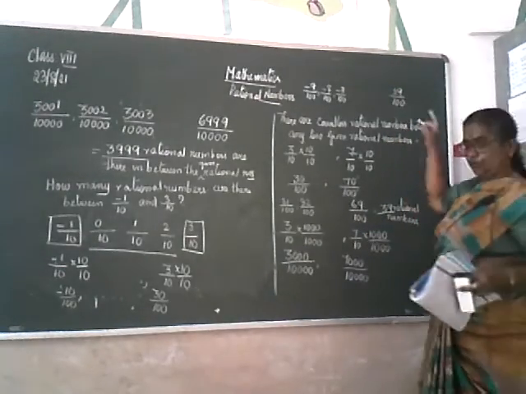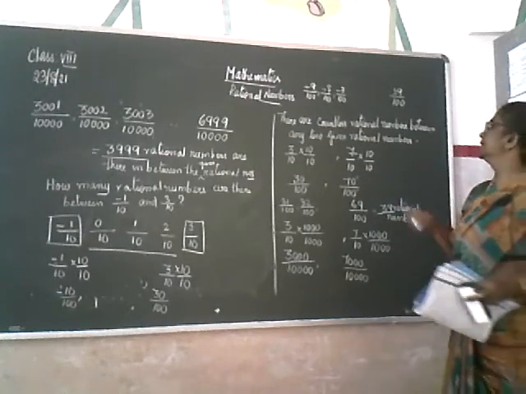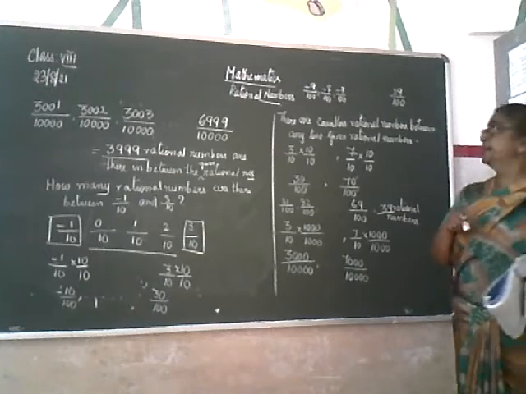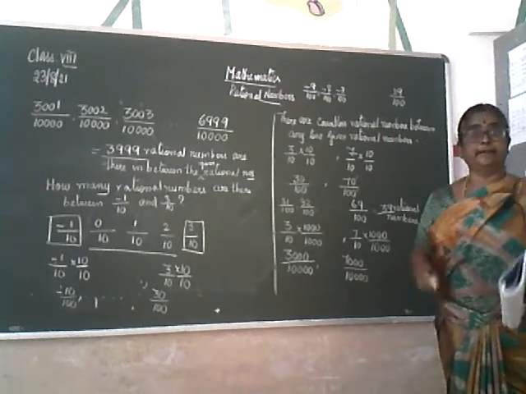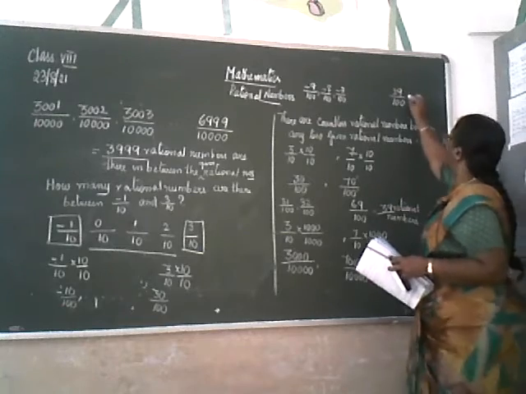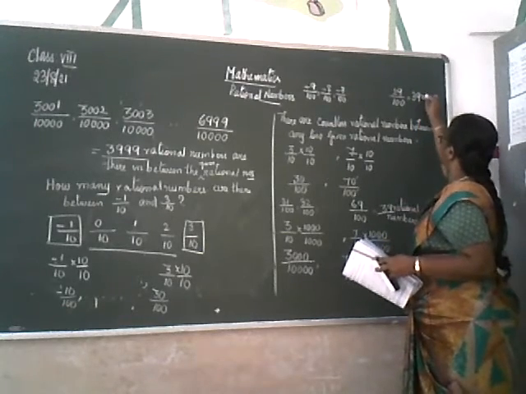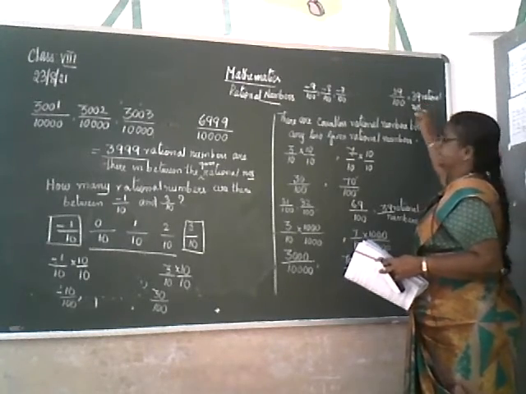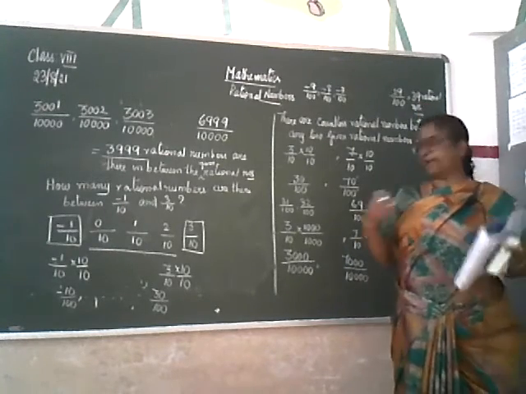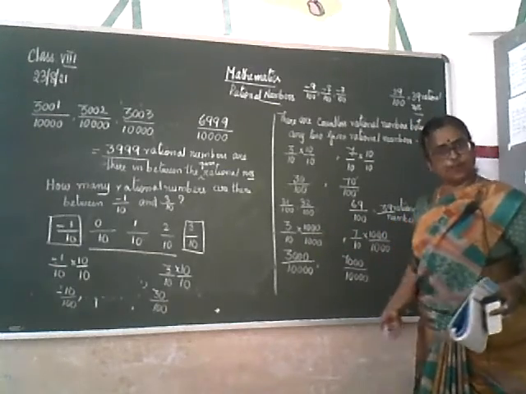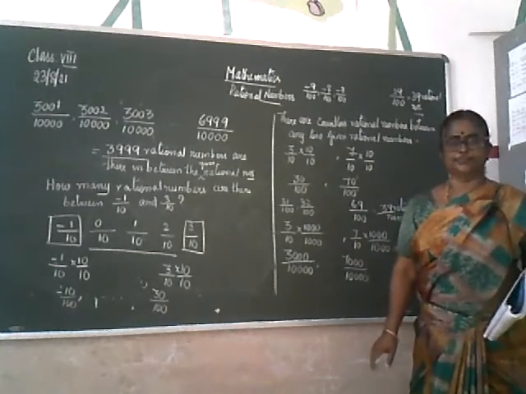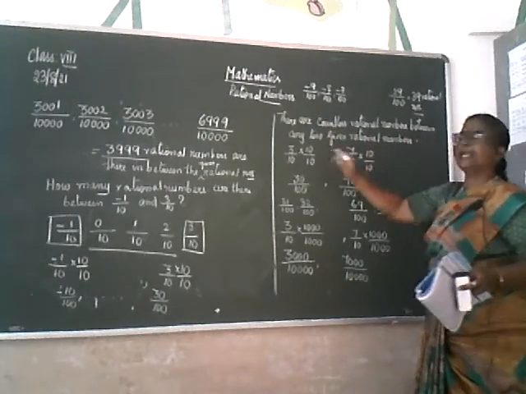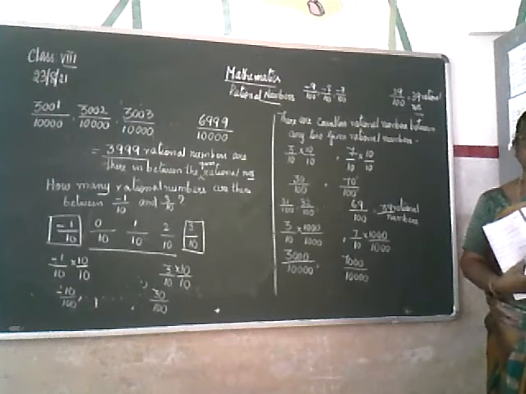So 0 to 29 is 29, then 0 is 30, then 9, 39 I will have. Again I will get 39 rational numbers. Similarly, if I multiply by 1000, I will get 399 rational numbers. So there are countless rational numbers between any two given rational numbers.